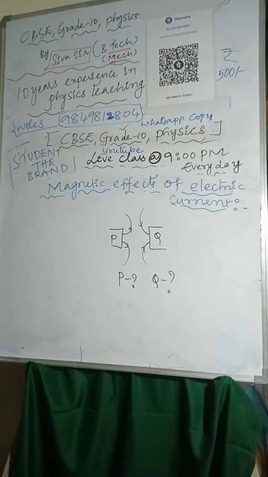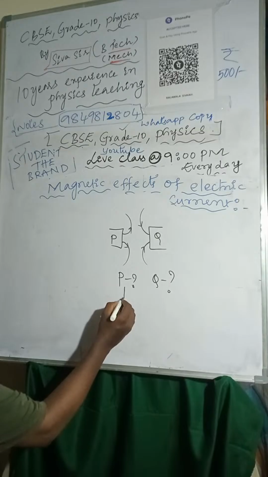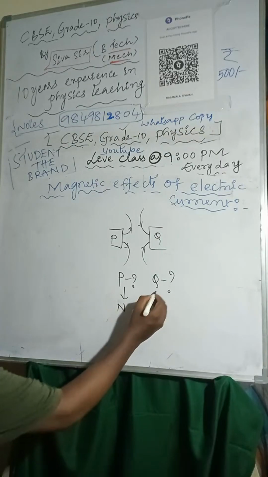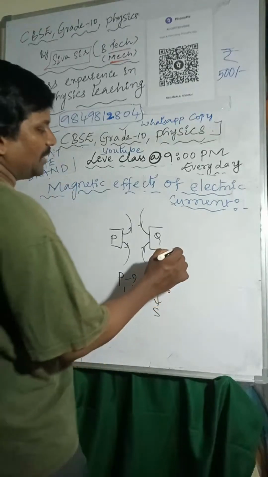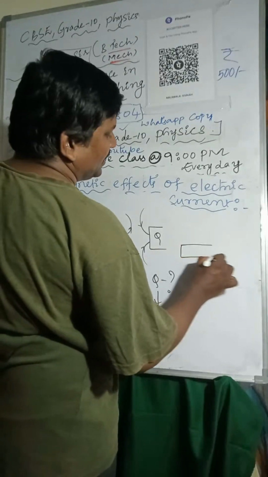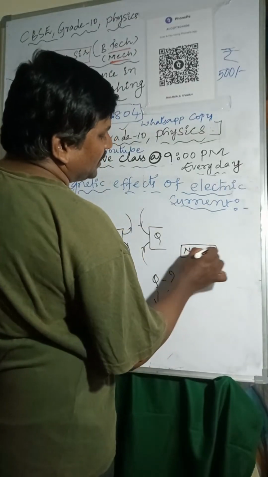So actually P is North Pole and Q is South Pole. As I already said when explaining the topic, I'm taking outside of the bar magnet, not inside. So this is north and this is south.